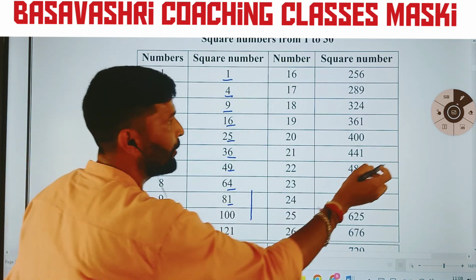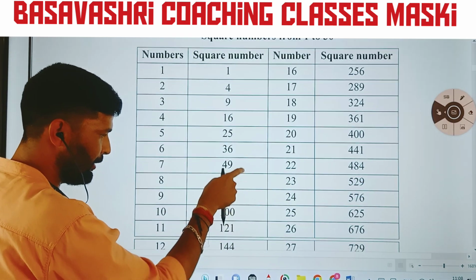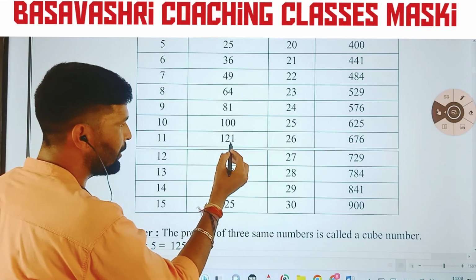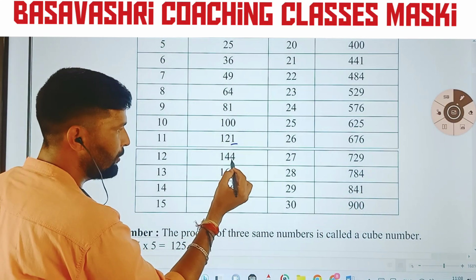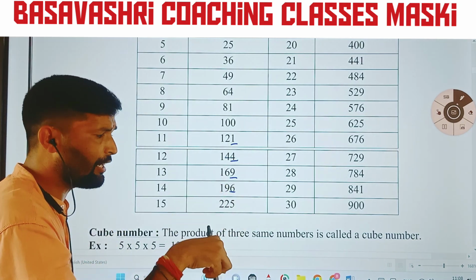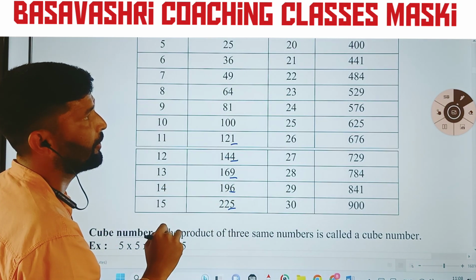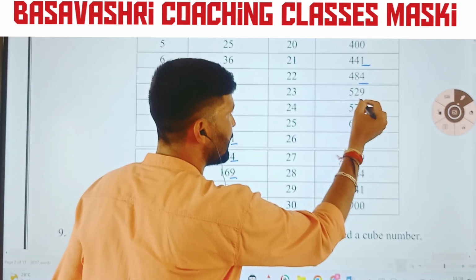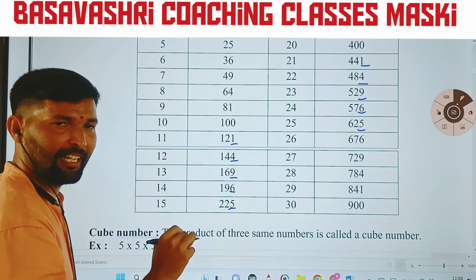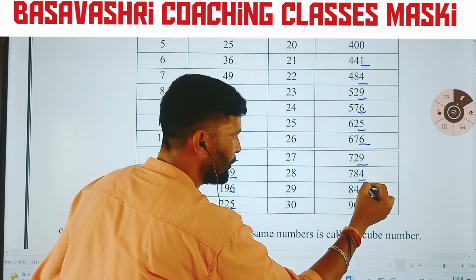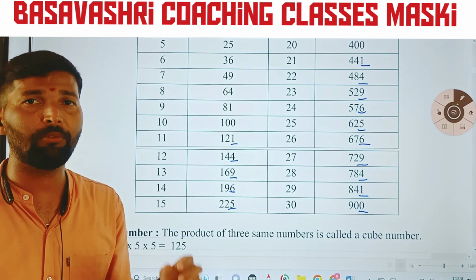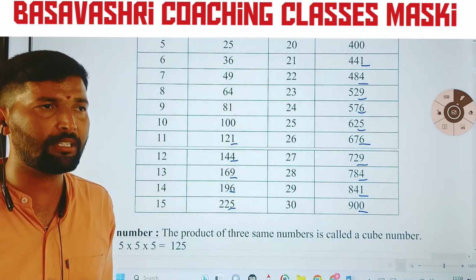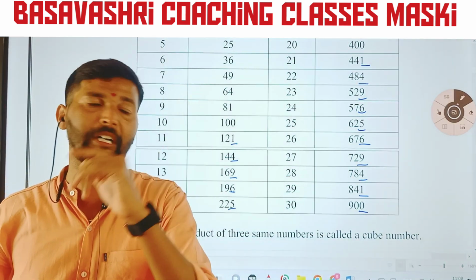Look here, when 11 square comes, 1, 4, 9, 6, again it will repeat 5, and here 1, 4, 9, 6, 5, 6, 9, 4, 1, 0. It will repeat. We only have to think about the unit place when we are writing square numbers.